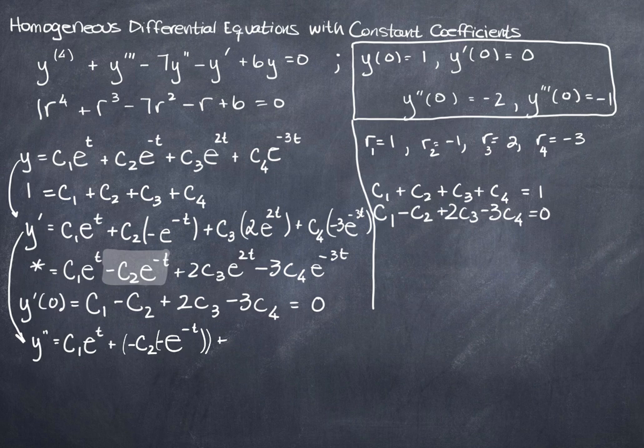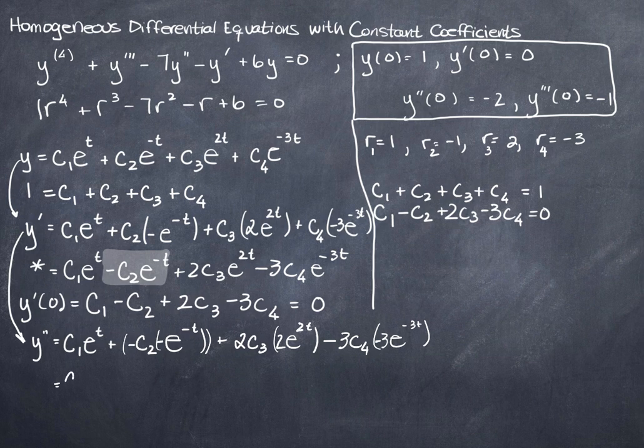Now the next term is the first times the derivative of the second, and the first is still a constant, so that's just a plus 0 again. And lastly, I have 3c4, the first times the derivative of the second, e to the negative 3t, I get a negative 3. And I'll clean that up.